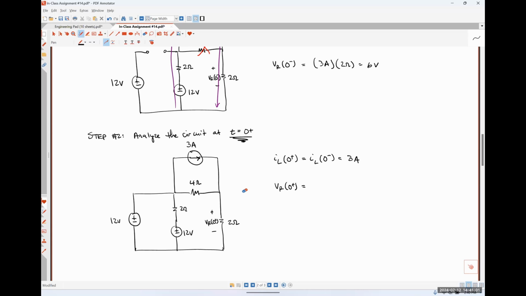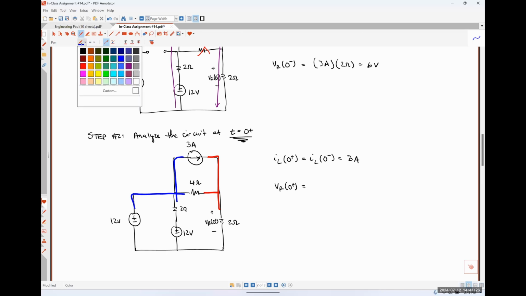I'm not sure about the current division either, because that 2 ohm resistor isn't in parallel with that 4 ohm resistor, right? So if we identify our nodes really quickly here, we've got this node over here on the right, this node here on the top left, this node here on bottom, and then technically speaking, we also have this purple node right here.